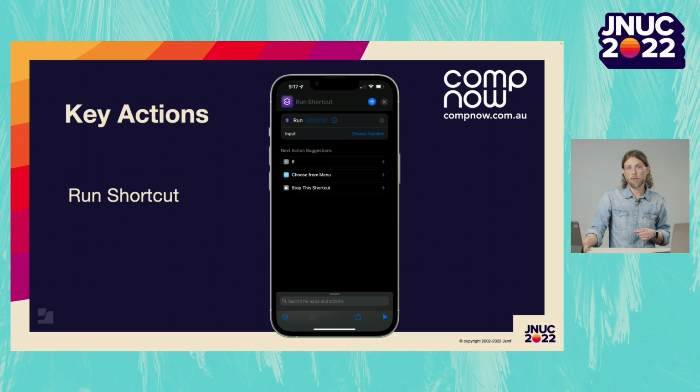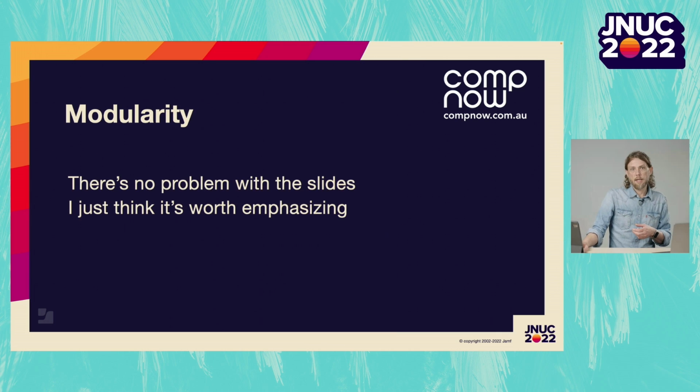And Run Shortcut is, again, a very, very handy option for working with the responses as well. Again, the modularity side of things, I'm saying it again, I haven't mucked up the order of my slides. It's that important. Make sure that you're repeating and reusing chunks of your API calls, working with the responses as different shortcuts to make your life easier.